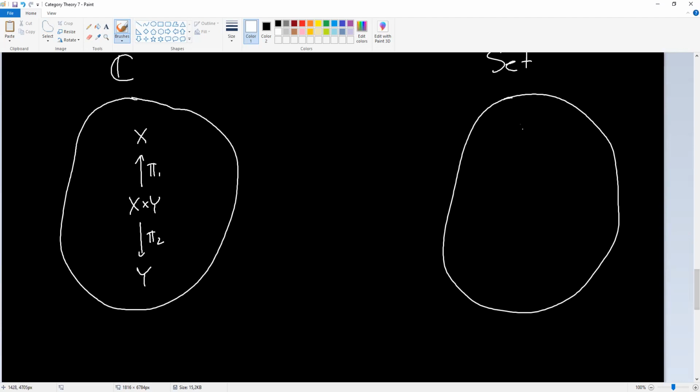What will be F of X? Well, F of X will be hom C X. Applying F to X cross Y, this will be hom C of X cross Y, and this will be hom C Y.